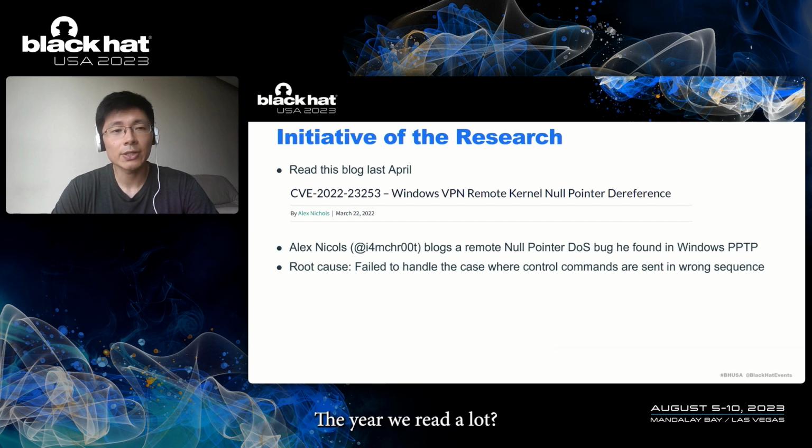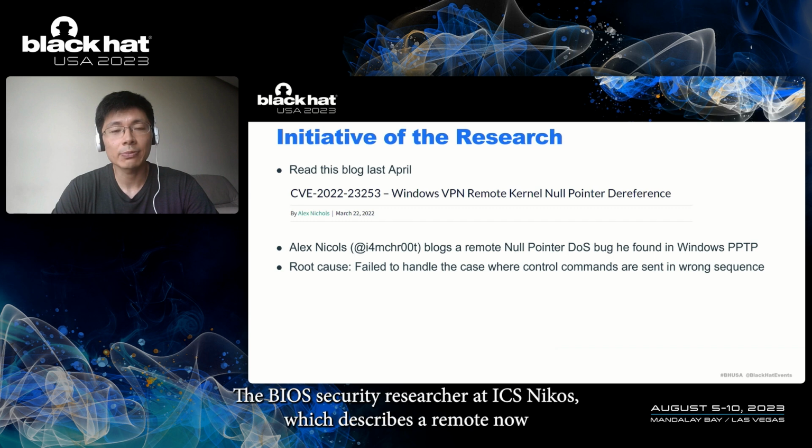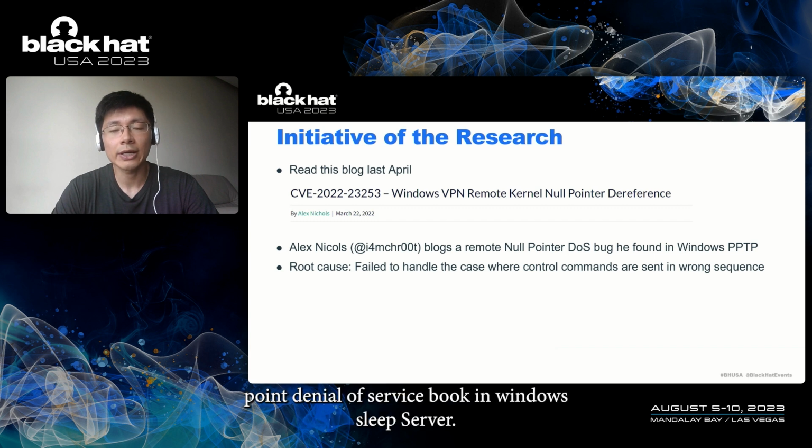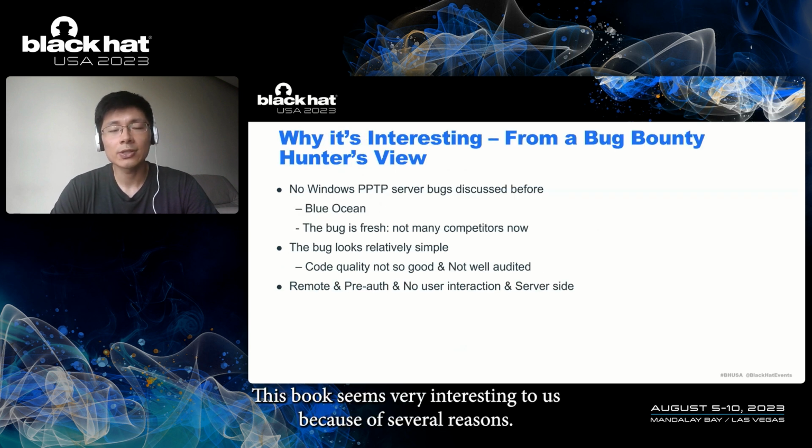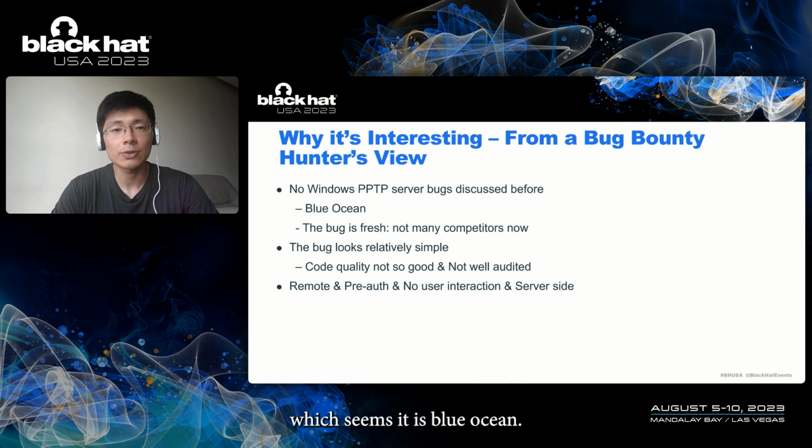In April last year, we read a blog shared by security researcher Alex Nichols, which described a remote null-pointer denial of service bug in the Windows PPTP server. This bug seemed very interesting to us for several reasons. First, we have never seen a Windows PPTP bug before, which seems like a blue ocean.